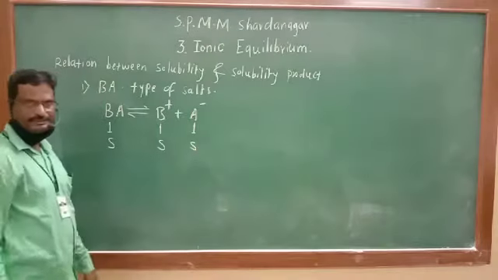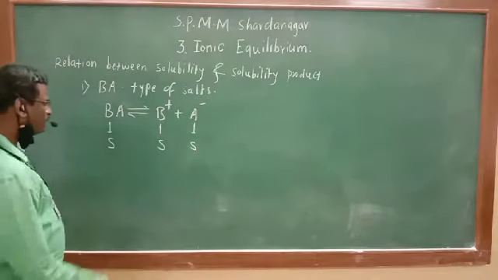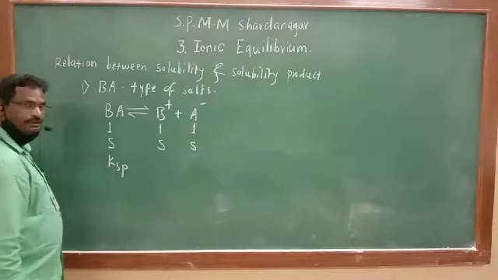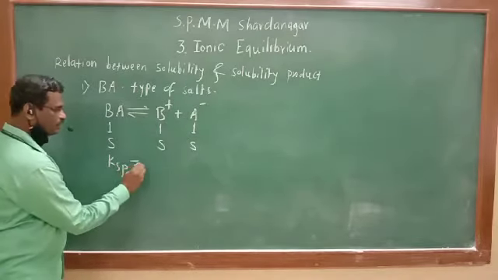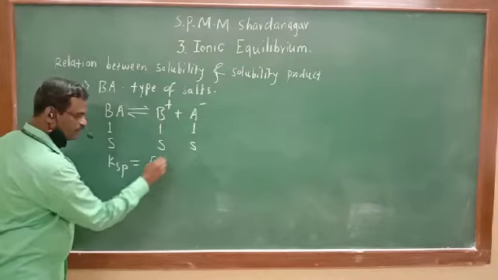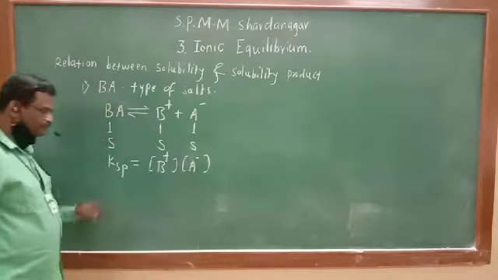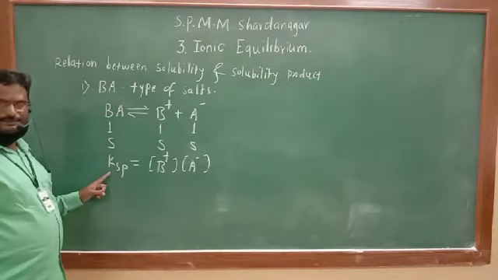That is also S. And the solubility product of this sparingly soluble salt will be equal to the concentration of B plus into the concentration of A minus. I am writing directly KSP.